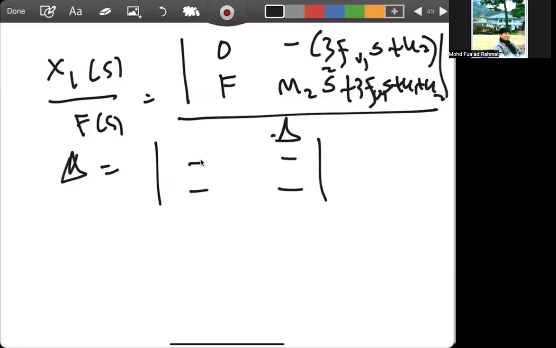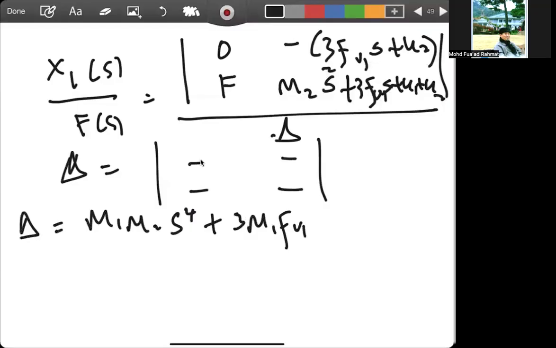It's quite long, so I put it here so that you can compare with your derivations.